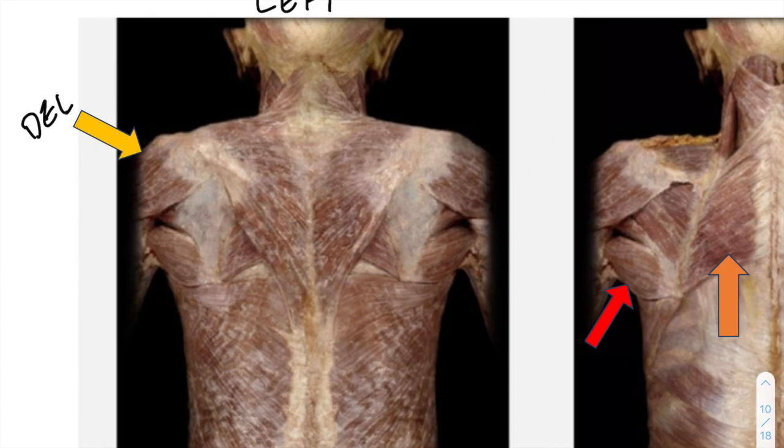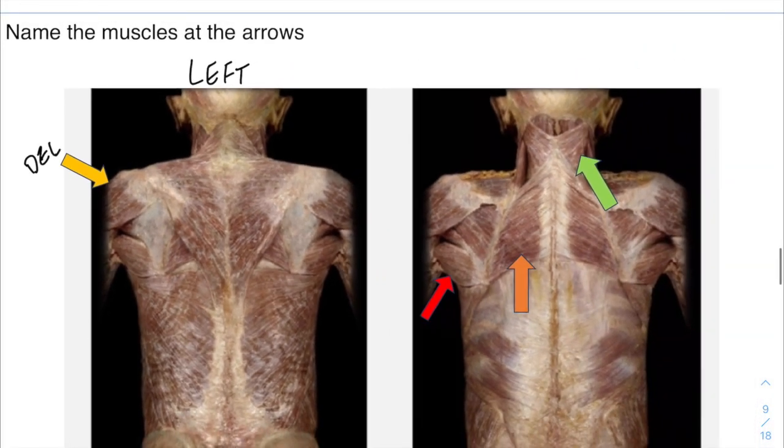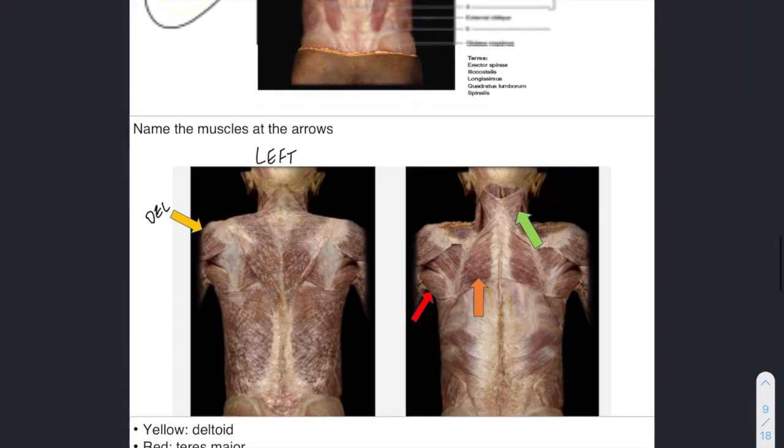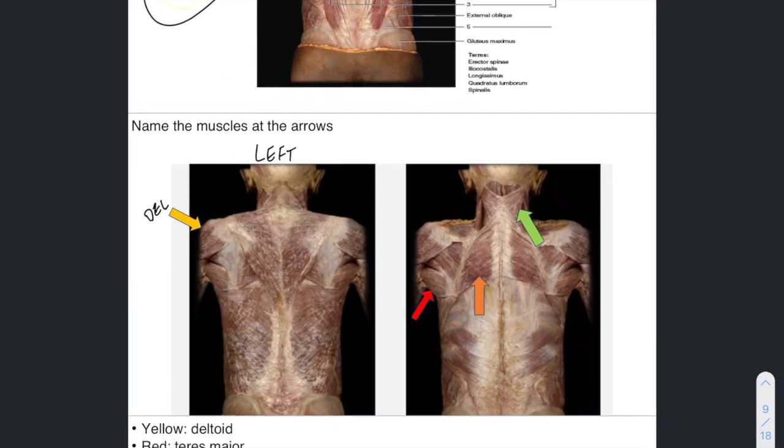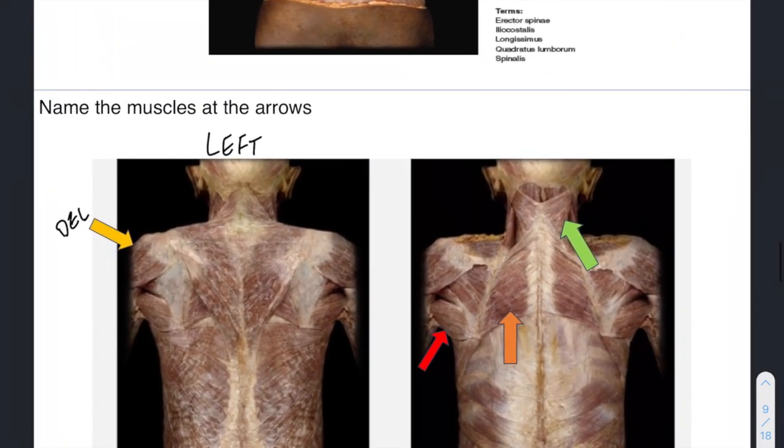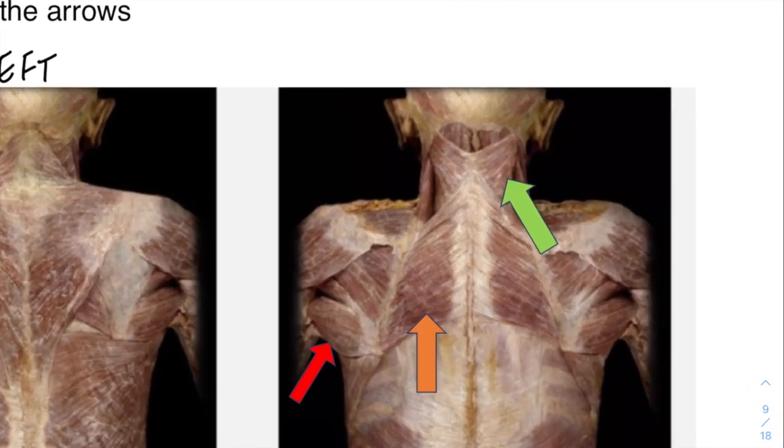So this is the most superficial aspect. There's no deeper dissections, and you're looking at the muscles right after all the fascia and the skin has been removed. Okay, so please don't get them confused. Now that's your delt. I hope that made things a little bit more clear.